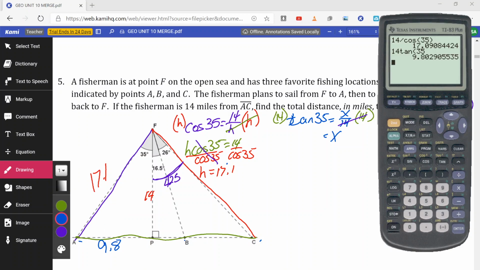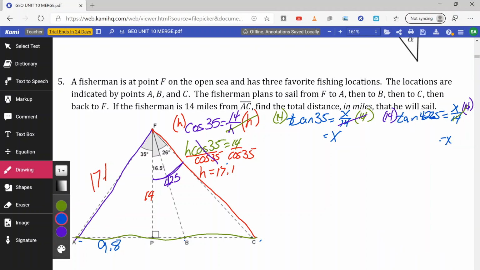So all we have to do is multiply 14 times the tangent of 42.5. And we get 12.828. We'll keep it to single decimals, 12.8. So from P to C is 12.8.